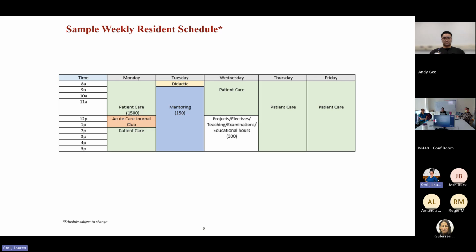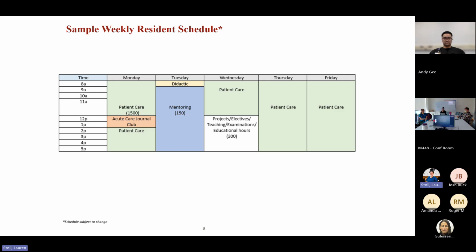So that brings me to this little white box there on the bottom of Wednesday. So once you kind of get up and running, after your first few months starting as a resident, you will also get dedicated time out of patient care to be able to dedicate to these projects because, as Michael can attest to, they tend to build up very quickly and you have a lot of things that you have to do. There's a lot of homework, if you will, things that you have to keep track of.